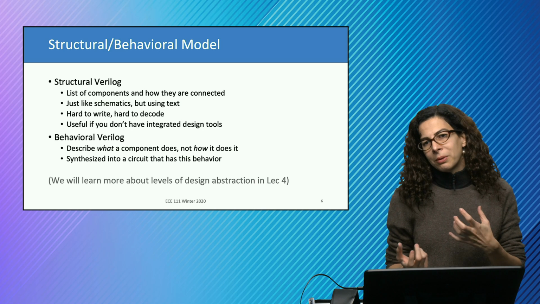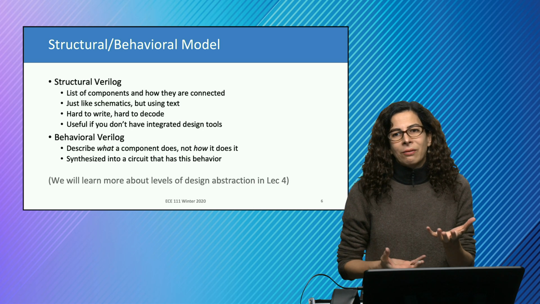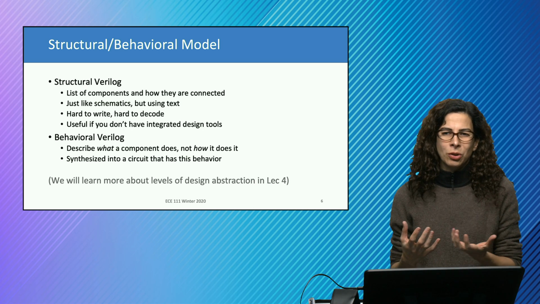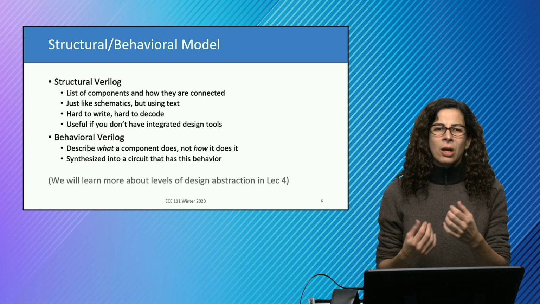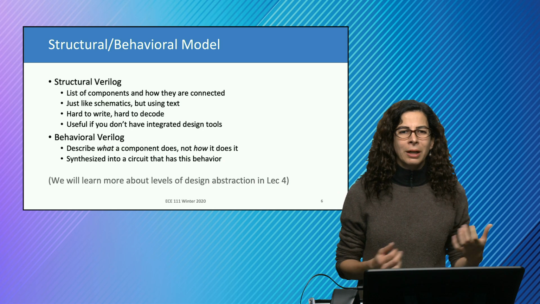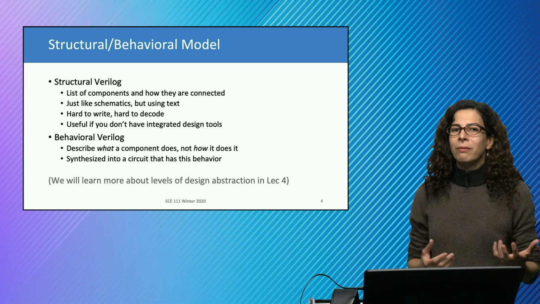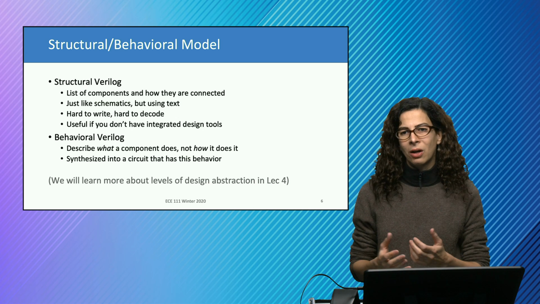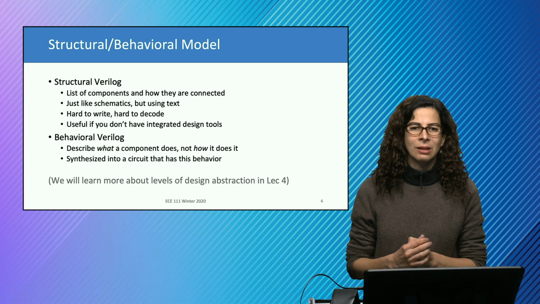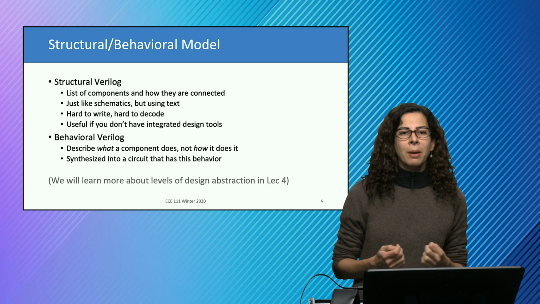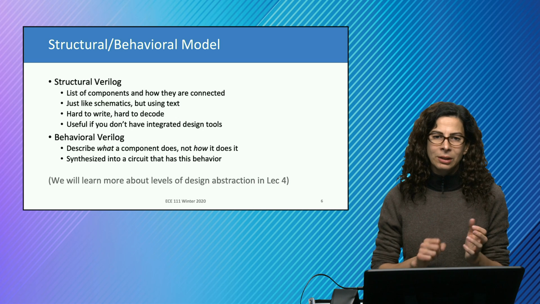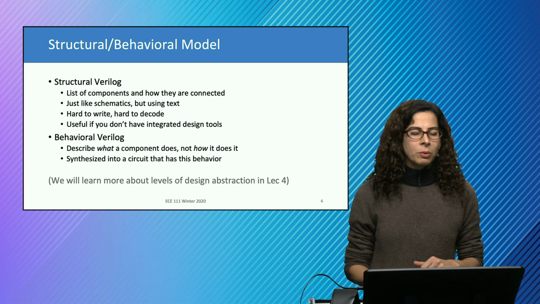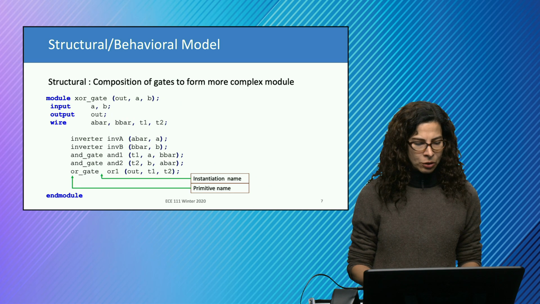This could even be the structure at gate level, but typically when we say structural design, it's a little bit higher level. Or we could have the behavioral level, like what we've seen before, where you have a Boolean logic description and we just tell the software this is what this piece of hardware is intended to do, but we're not going to tell all the details about the design. We will learn more about this in lecture 4.